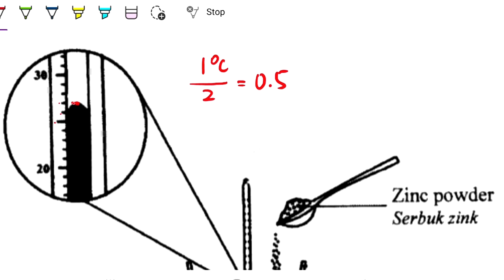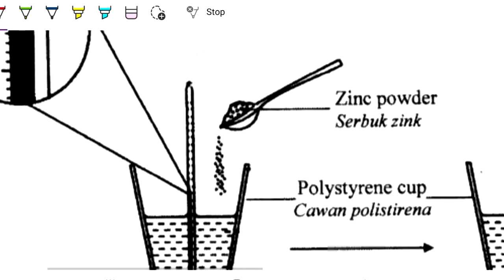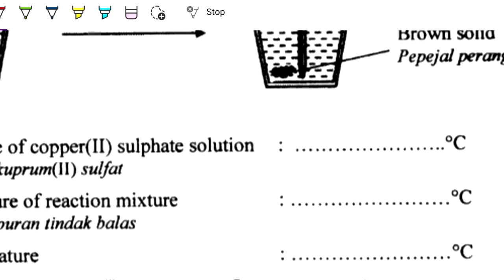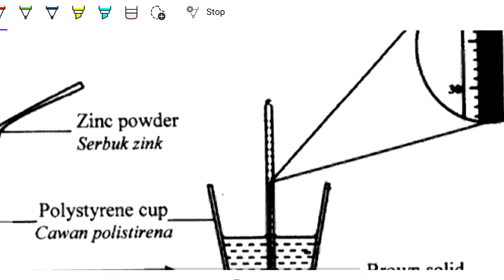We must read at the center, so it is 27.0 degrees Celsius. The unit is given, so no need to write it again.